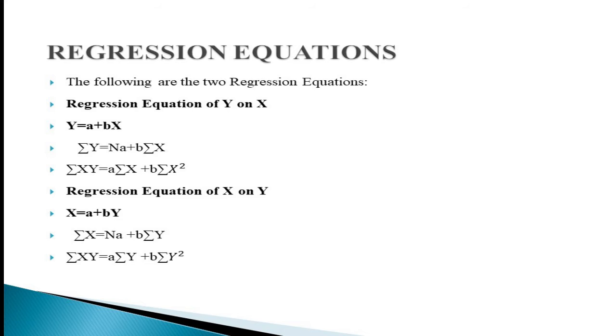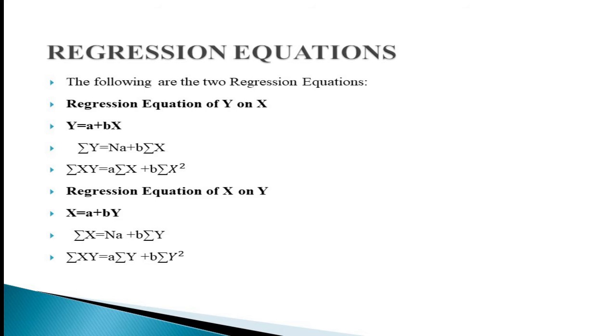The two equations you need to learn here are summation y is equal to na plus b summation x, and summation xy is equal to a summation x plus b summation x square. We have to learn these because we have to solve problems on this in the succeeding sessions.